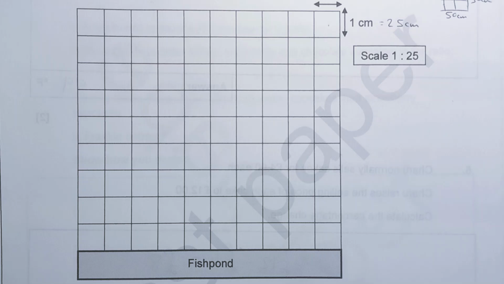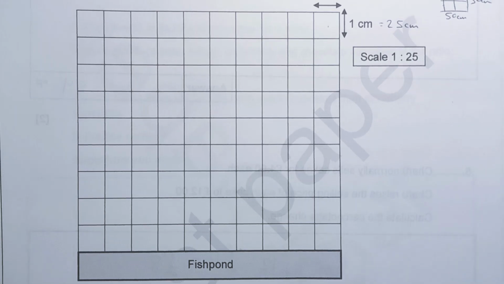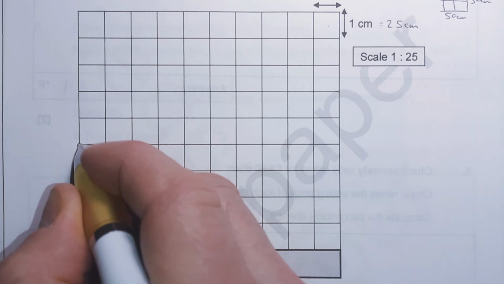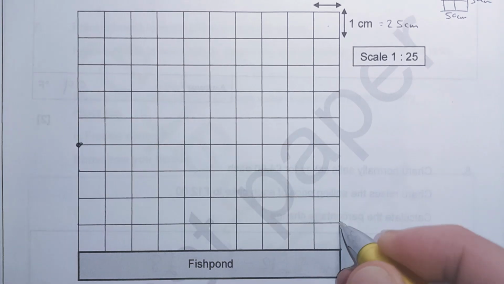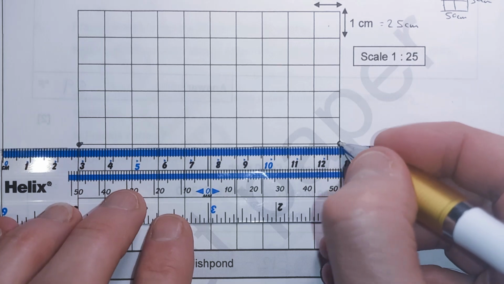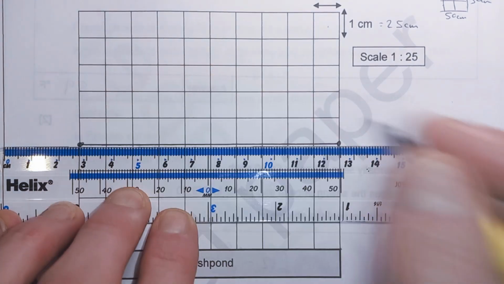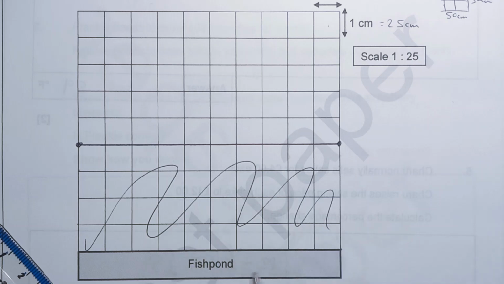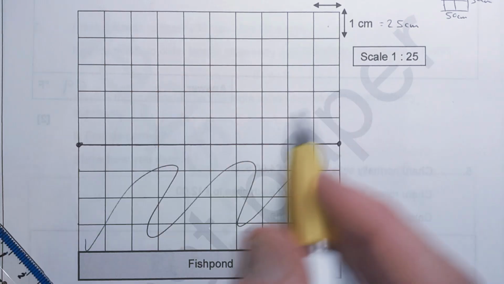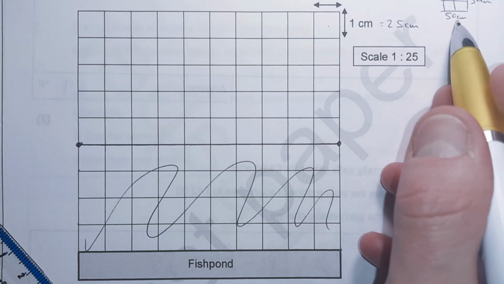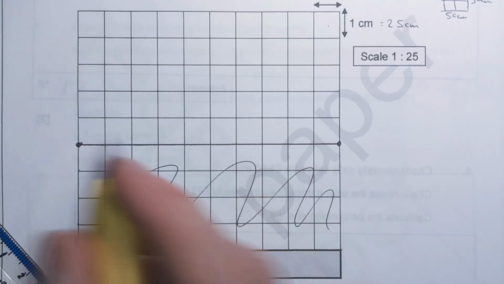Here's our fish pond down here. We said we need to be a metre away, which we said was 4 squares. So 1, 2, 3, 4. Same on this side, 1, 2, 3, 4. So we can draw a straight line across. And we know it can't be anywhere in here, because this would be within 1 metre of the fish pond. It can be anywhere in this space. And we said 2 squares by 2 squares.